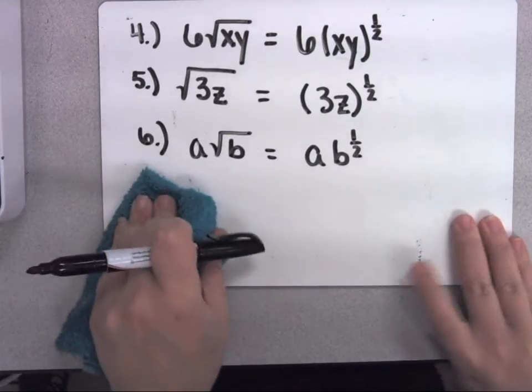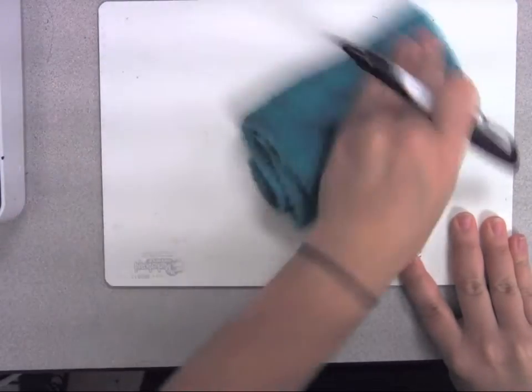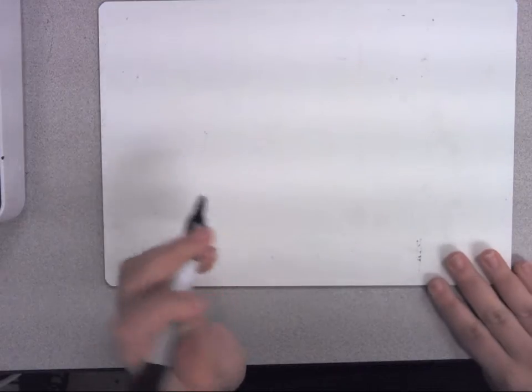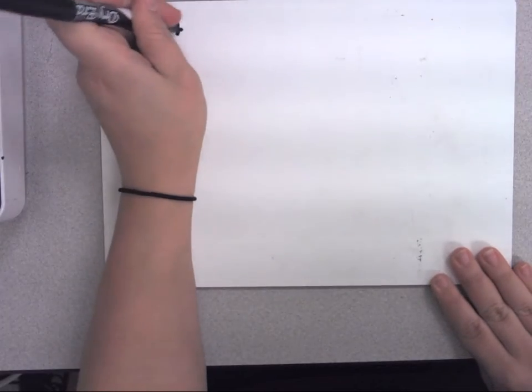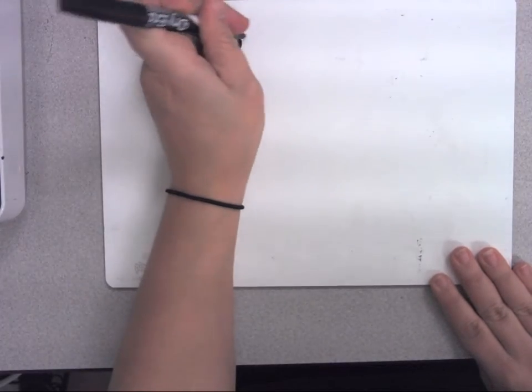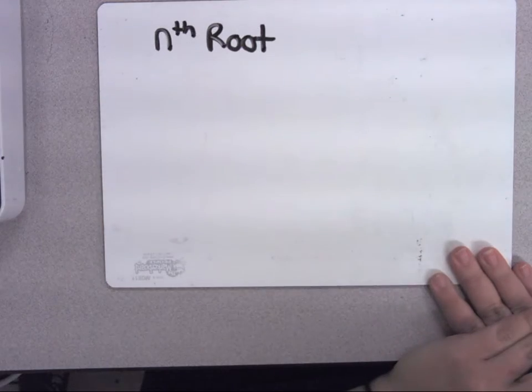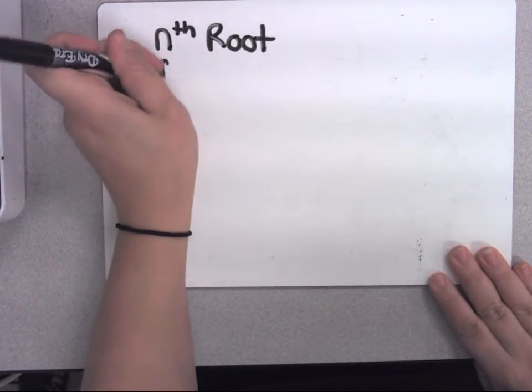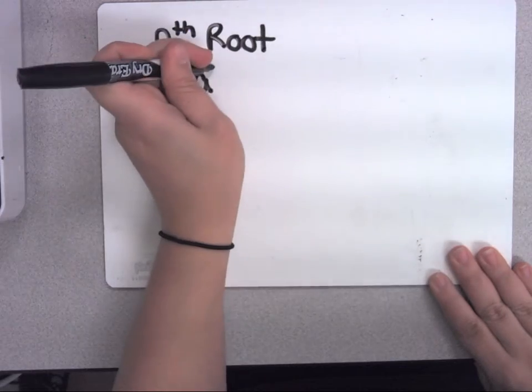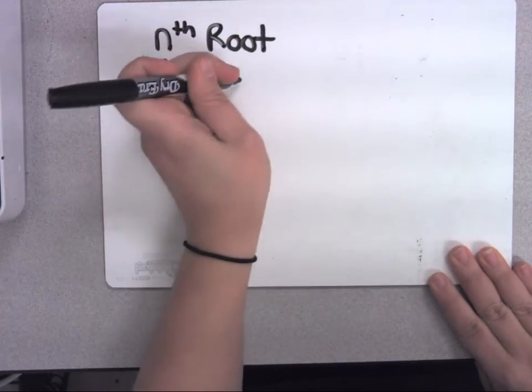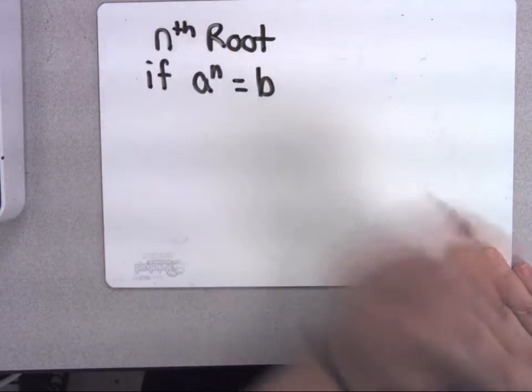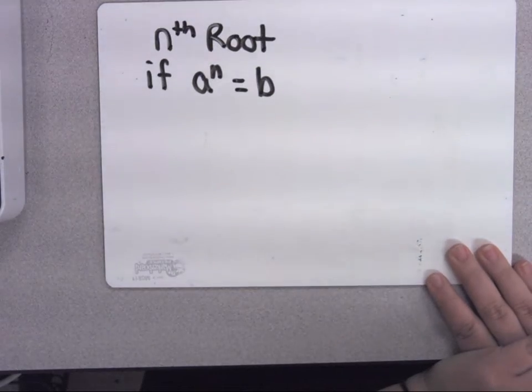Now we're going to talk about when the number's not 2, okay? Okay, so this is called the nth root. Okay? So that means it says if a to the n power equals b, so some equation we have, right?